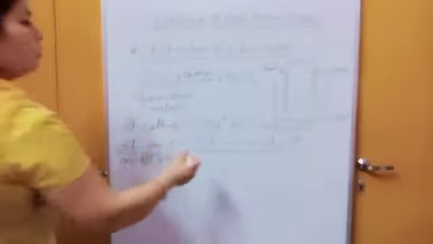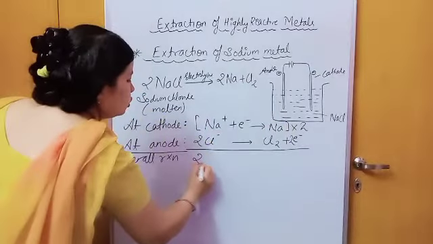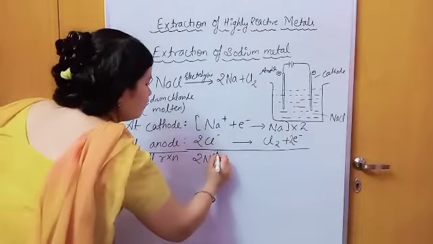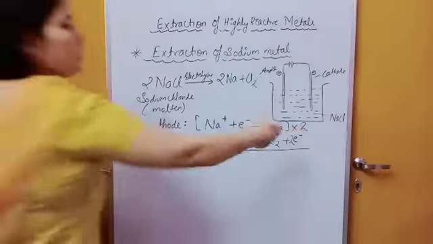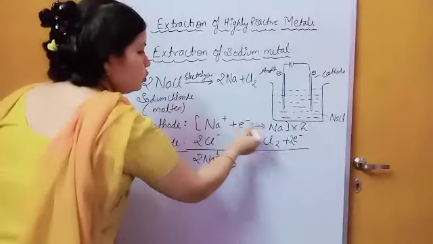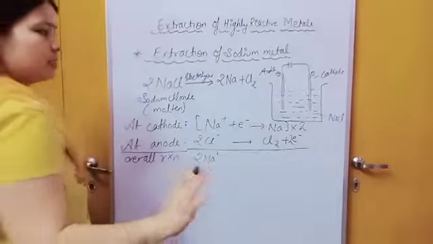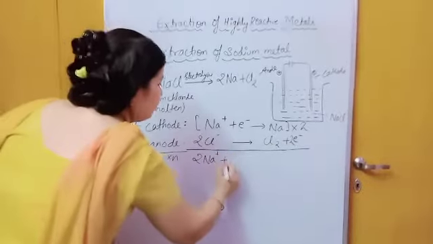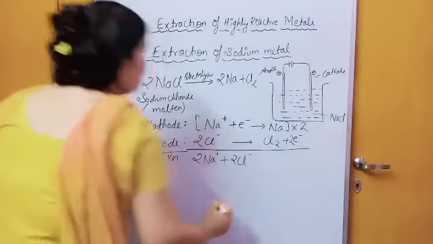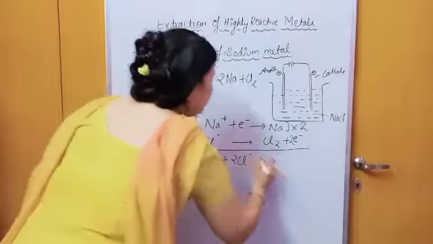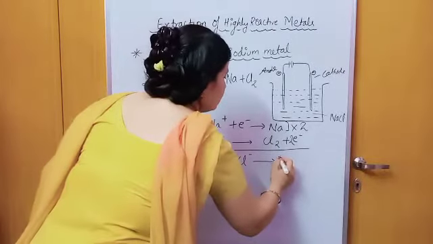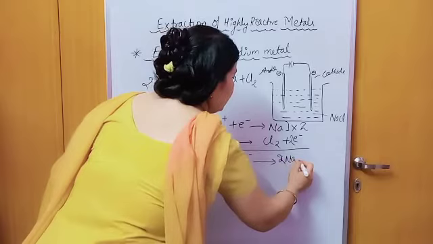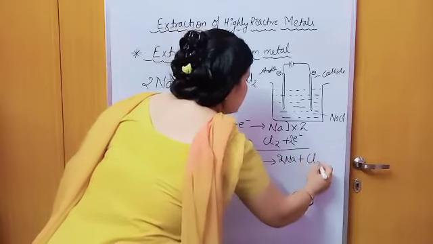Now just see, write the overall reaction, this one becomes 2 Na positive plus 2 electron, so 2 electron and 2 electron will cancel. Another one we have plus 2Cl negative, then it gives 2Na plus Cl2.